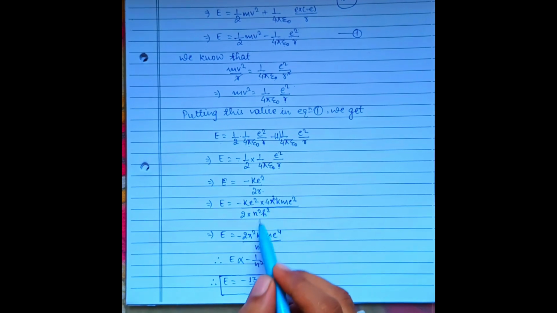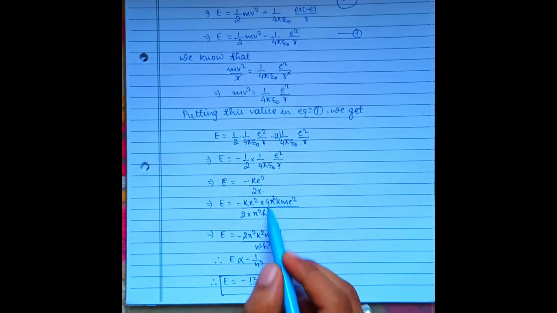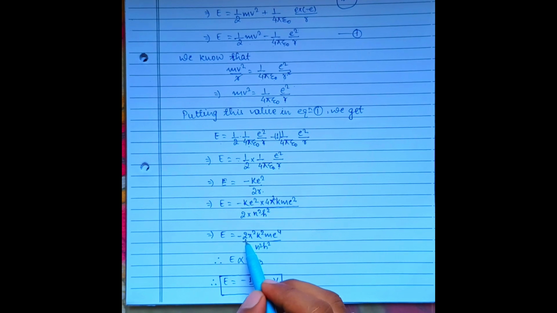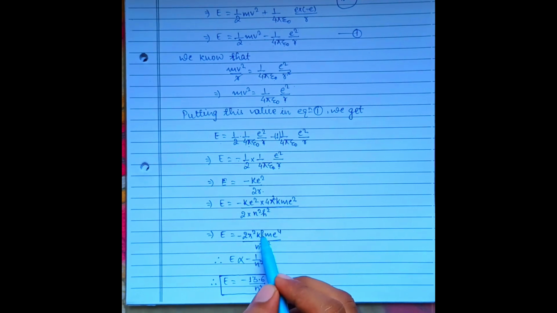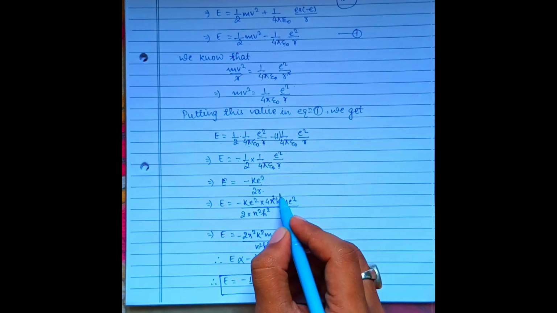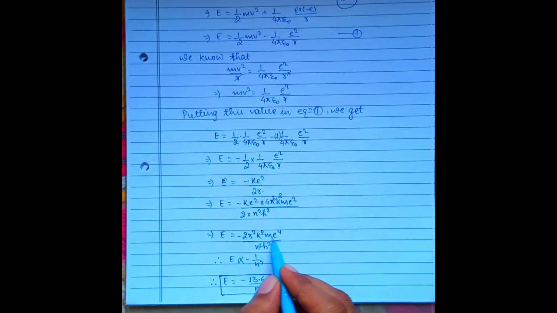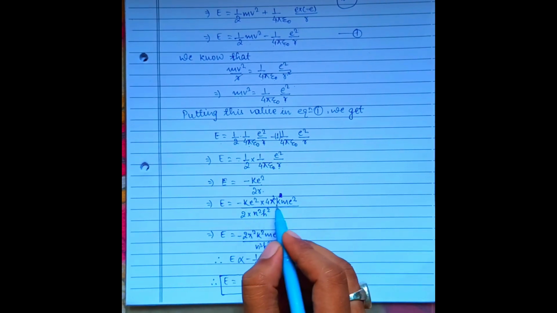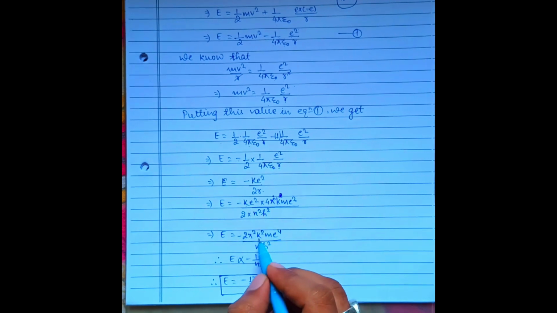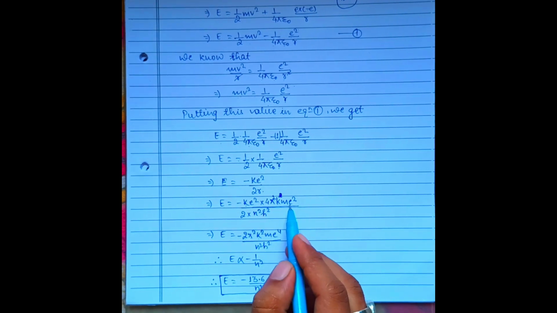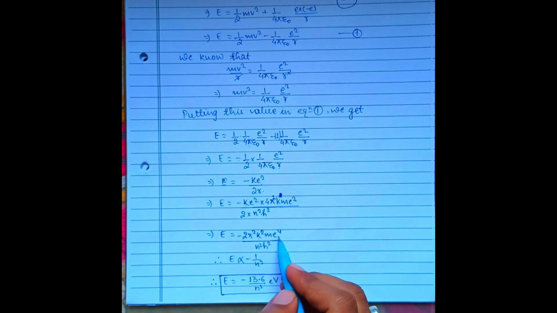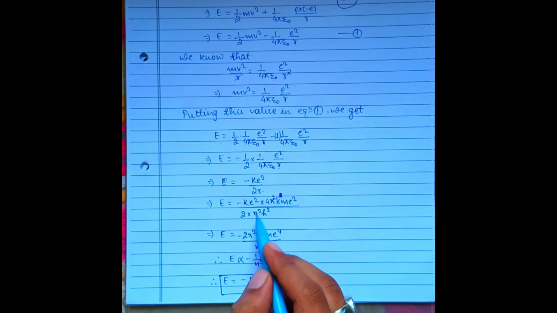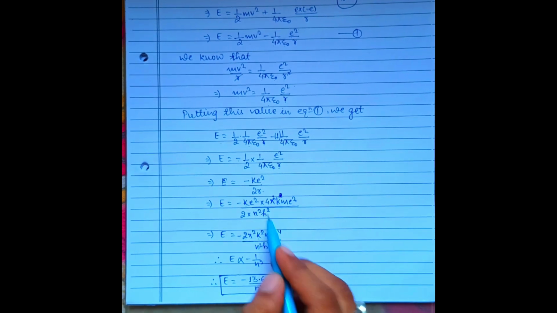After simplifying, the 2s get cancelled, this becomes 2 pi square k square m e to the power 4 divided by n square h square. I mistakenly wrote k square earlier; k multiplied by k is k square, so it is k square m e square, and the square becomes e to the power 4.